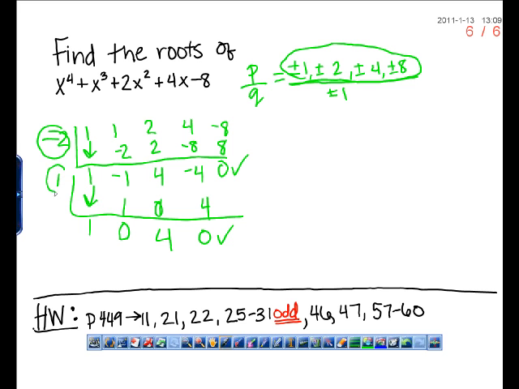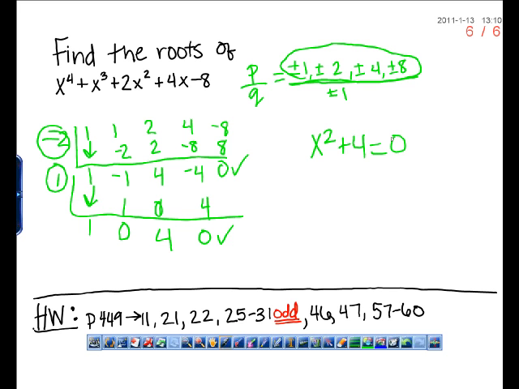Yeah. How many real roots did we say we had? 2. So should I keep trying synthetic division? No. Why else should I stop synthetic division here? Yeah, we've reached a quadratic. What is that quadratic? x squared plus 4.